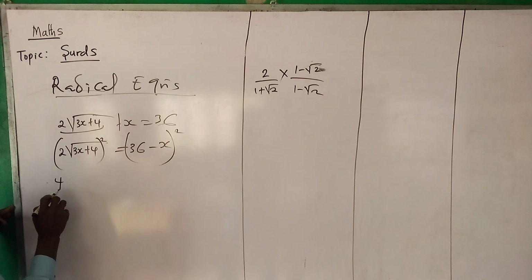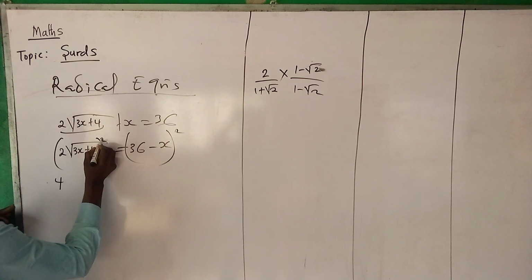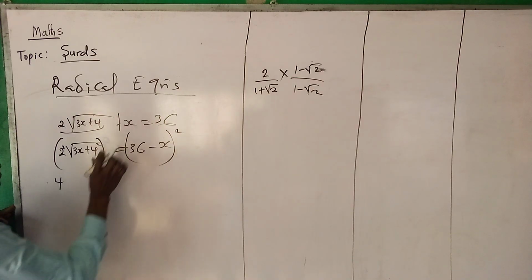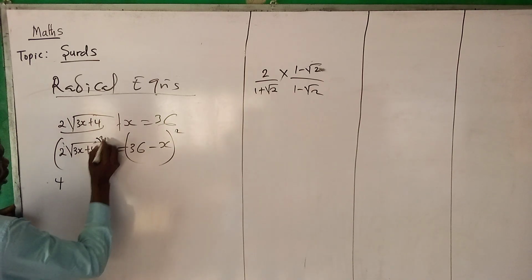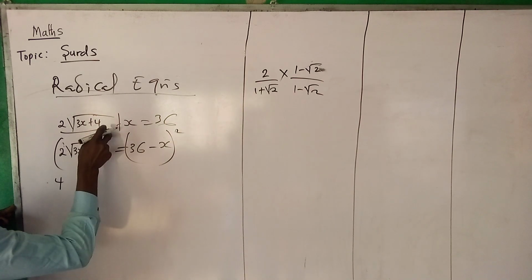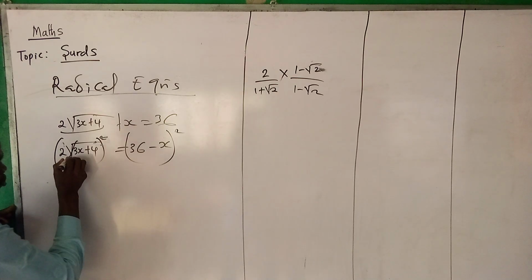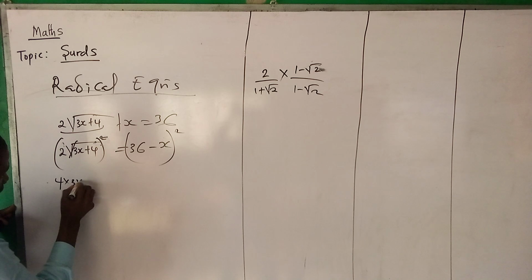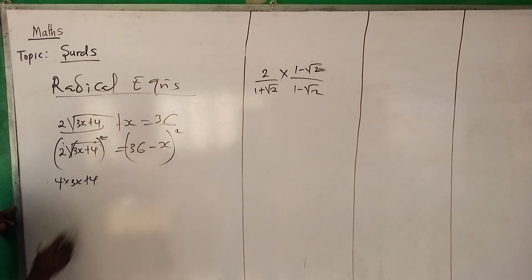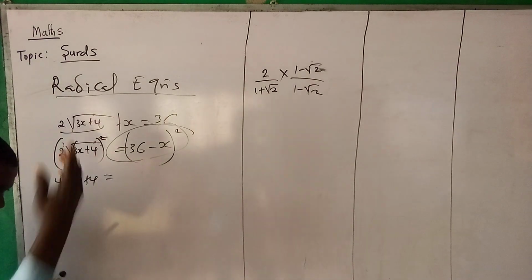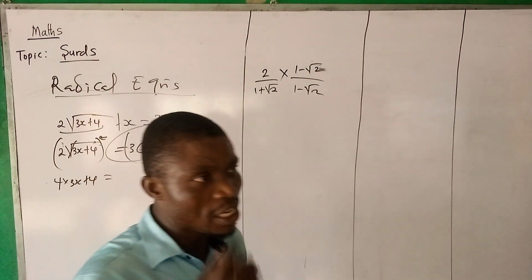Then remember, the square is like this and also like this, but we normally use brackets like this. Meaning that 2 squared itself gives you 4. Then times this, we cancel this. Remaining 3x plus 4, times 4. Then before you can use it, you can expand this one, and when that is done, you can solve the thing.